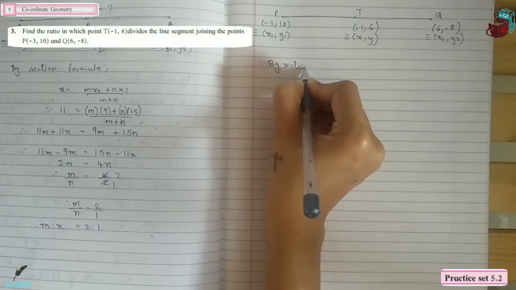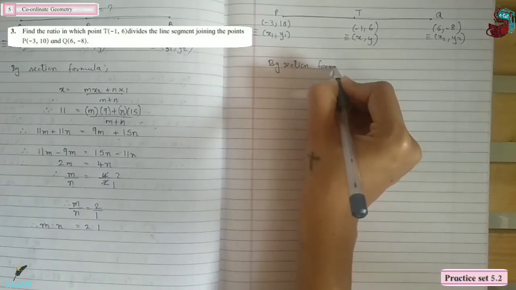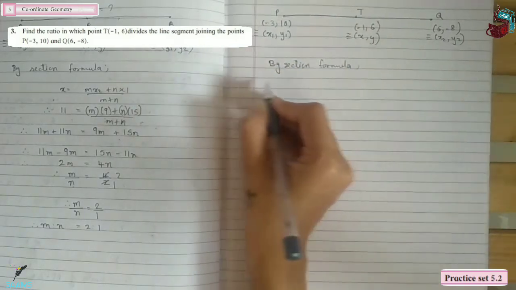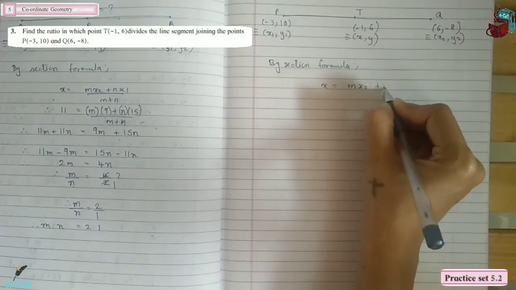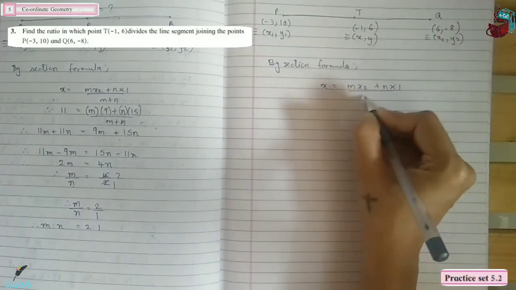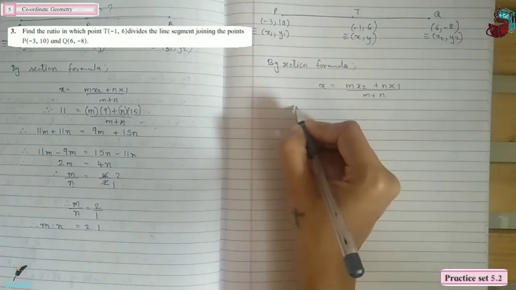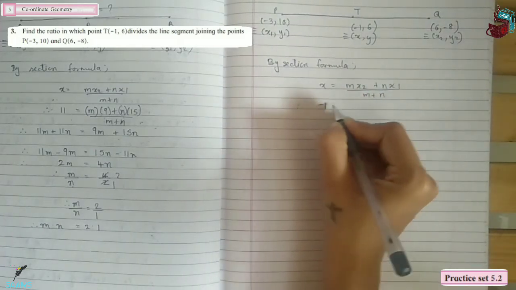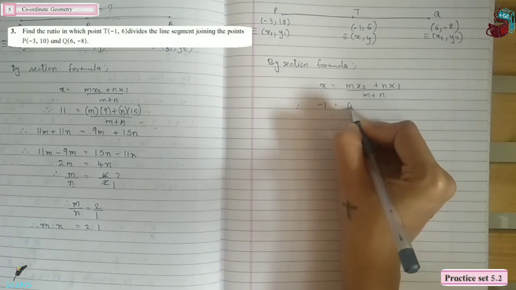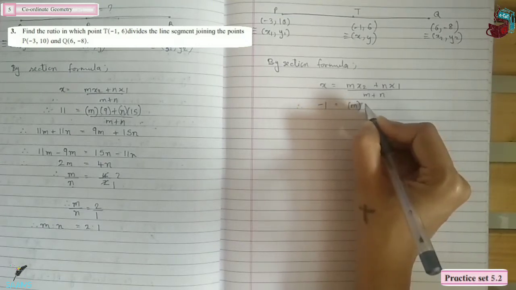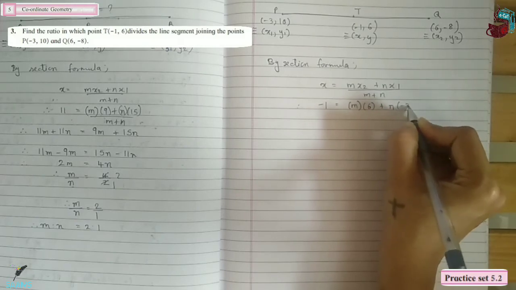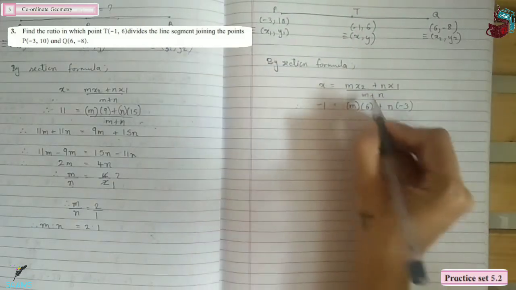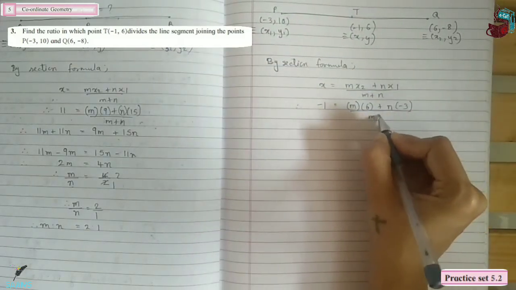By section formula, x is given by (mx2 plus nx1) upon (m plus n). Therefore minus 1 is equal to m times 6 plus n times minus 3, upon m plus n as it is.